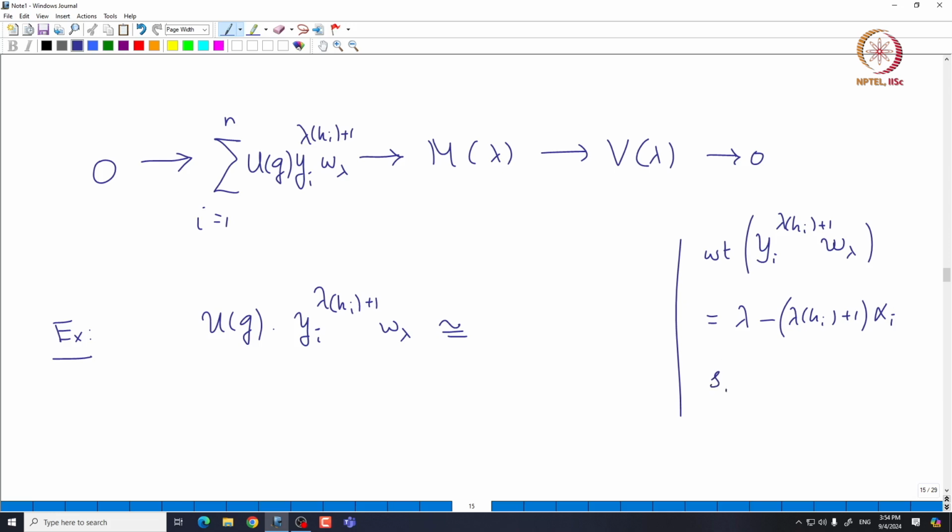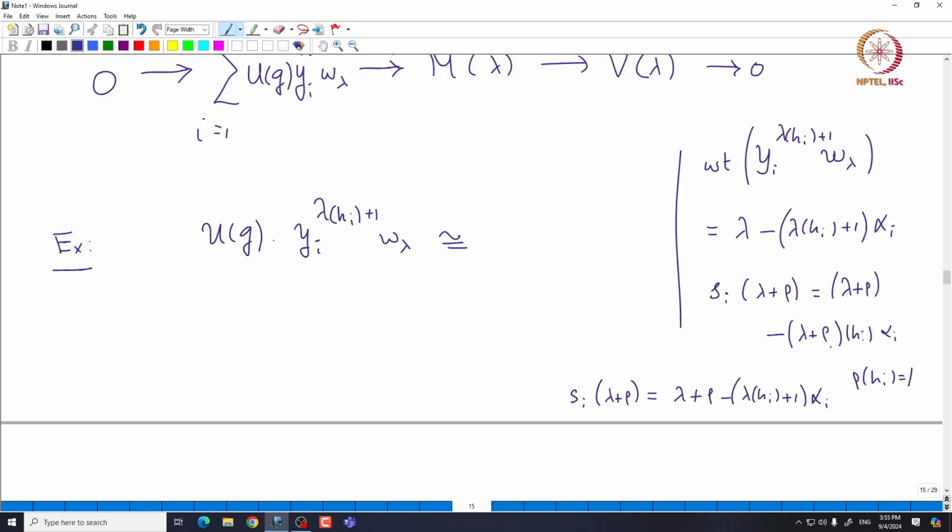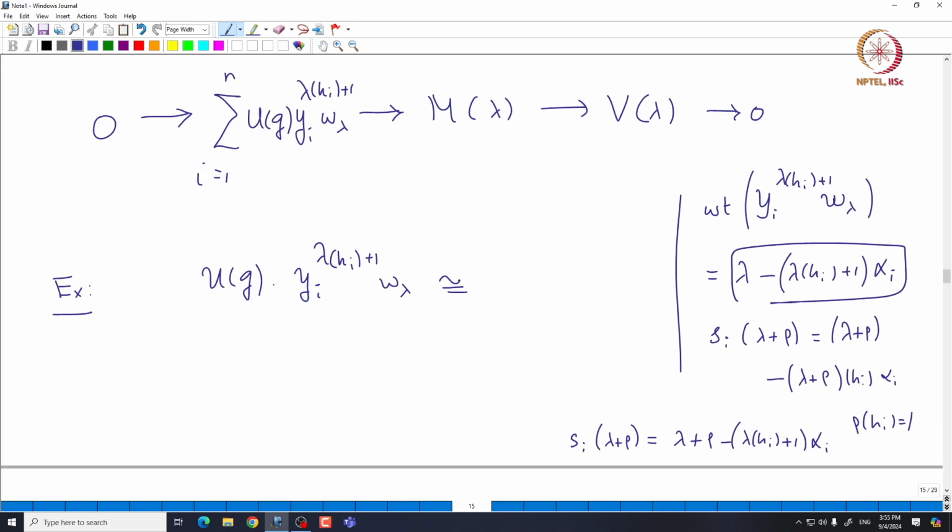Okay, so what is Si of lambda plus rho? It is going to be lambda plus rho minus lambda plus rho of hi times alpha i. But note that rho of hi is 1, which tells you that Si of lambda plus rho is nothing but lambda plus rho minus lambda of hi plus 1 times alpha i. So the difference between this element and this element is the addition of rho.